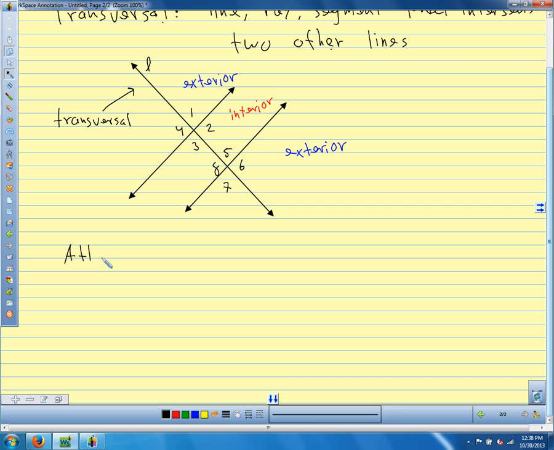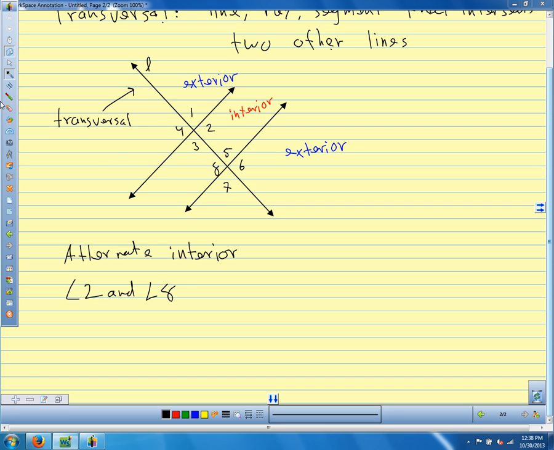So our alternate interior are angle 2 and angle 8. So you can put that in your box. Angle 2 and angle 8.